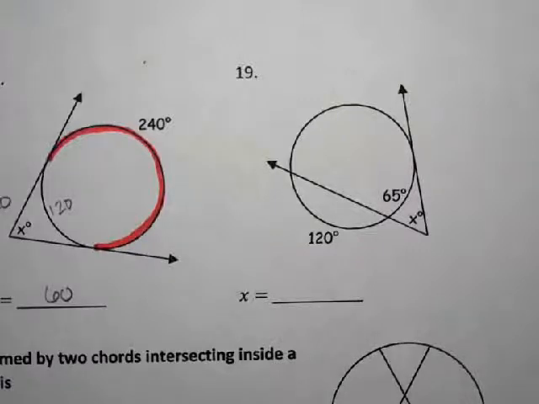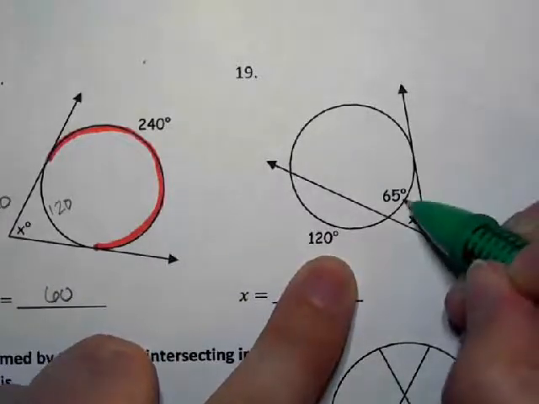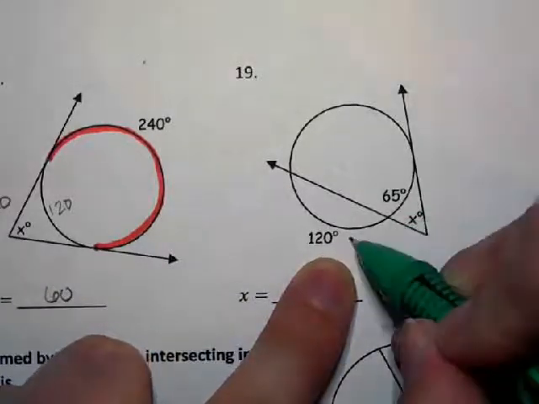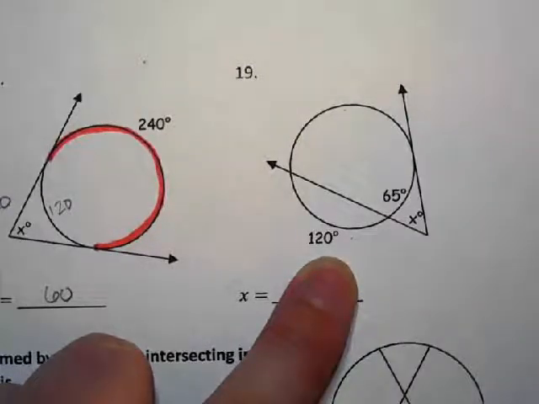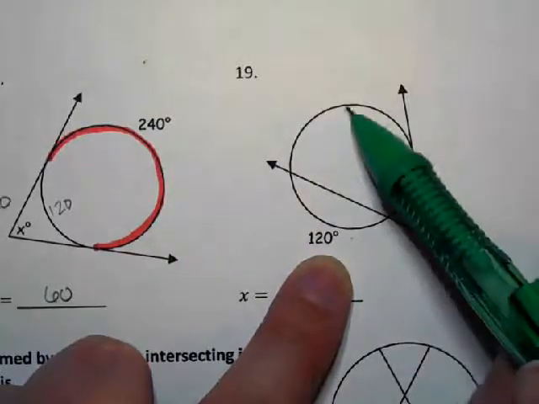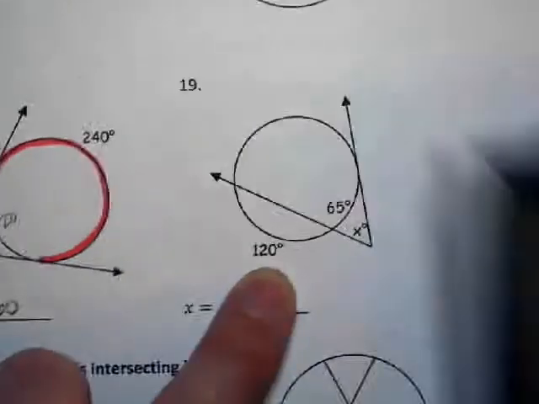So how are we going to find the missing arc that we do need? 360 minus 120 minus 65. So the missing arc is 175. Okay. So now we have the arc that we need.